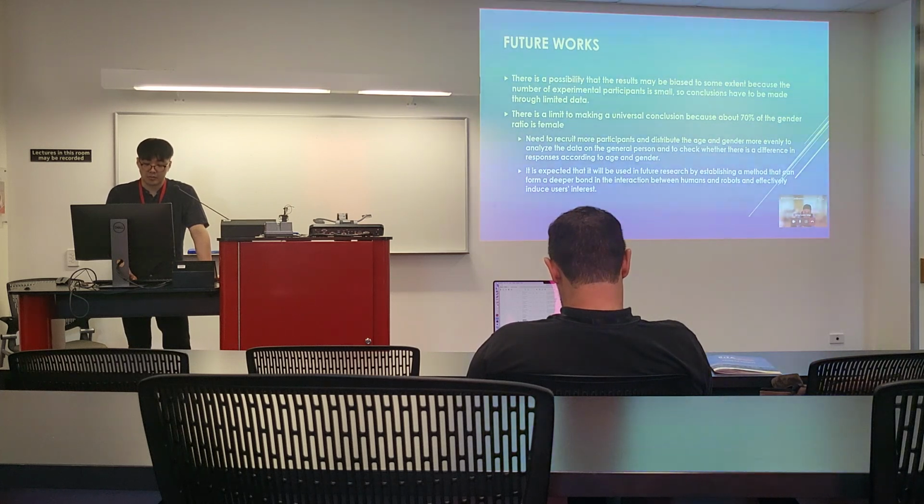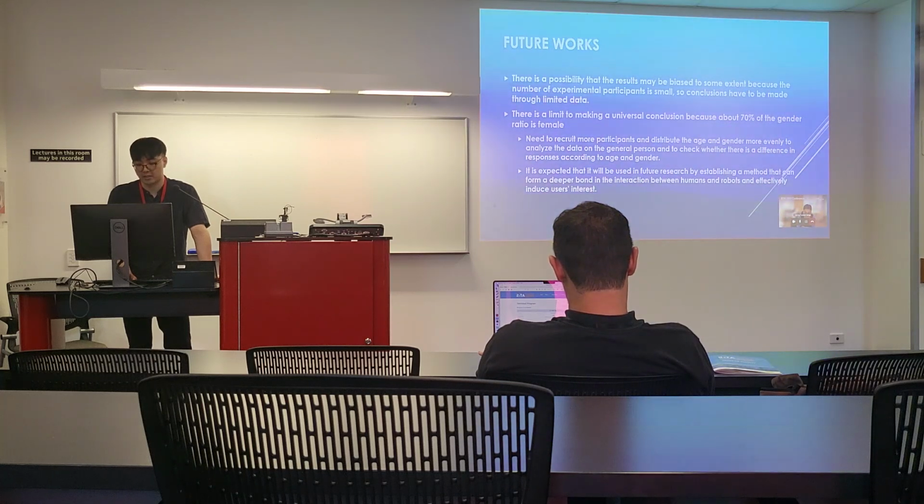So it needs to recruit more participants and distribute the age and gender more evenly to analyze the data on the general person and to check whether there is a difference in responses according to age and gender. It is expected that it will be used in future research by establishing a method that can form a deeper bond in the interaction between humans and robots and effectively induce users' interest.